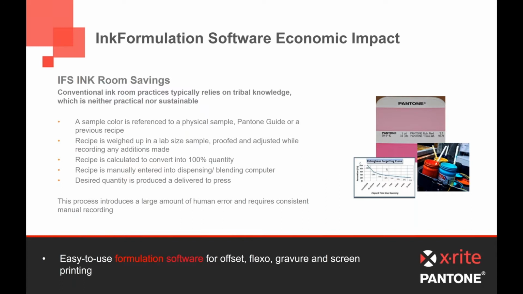Then the recipe's converted back to 100% quantity. Then it's manually entered into the dispensing or blending system. And then the desired quantity is produced and delivered to press. This process introduces a large amount of human error. They have to be very diligent in notating their additions made, etc.